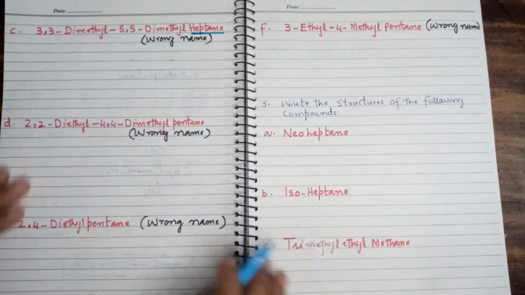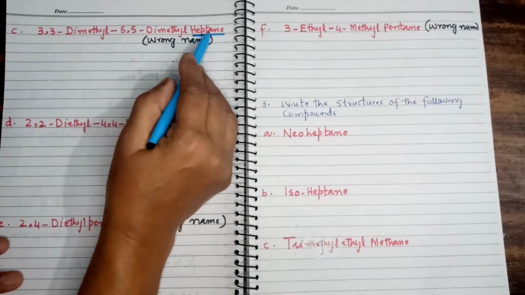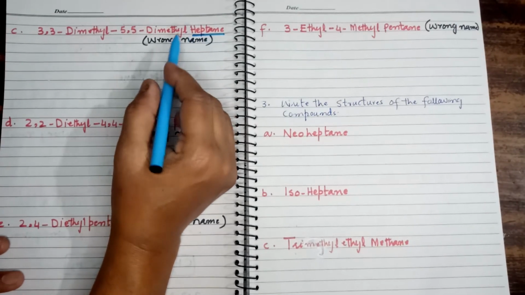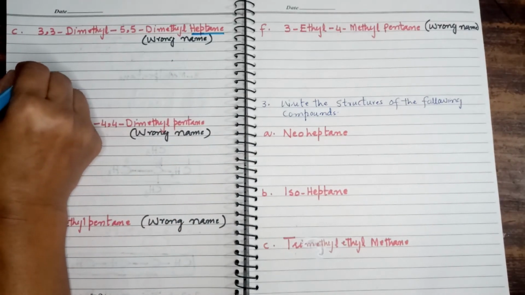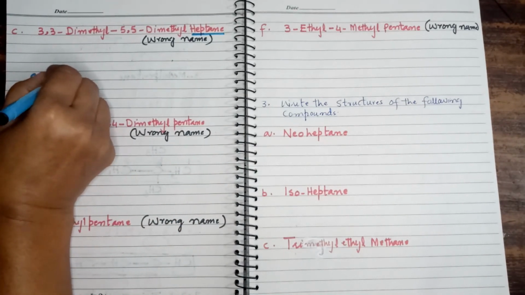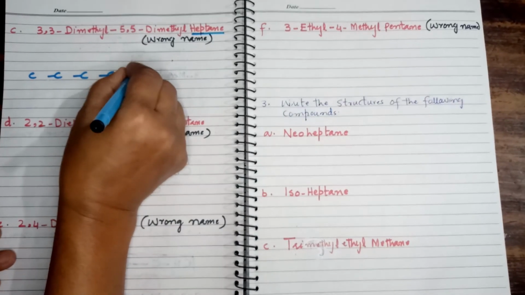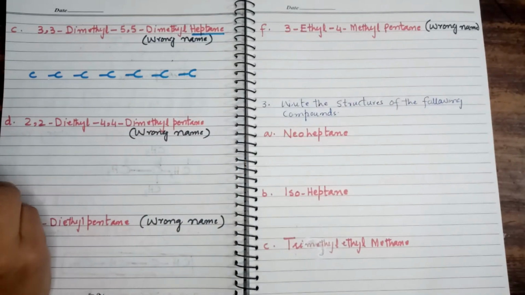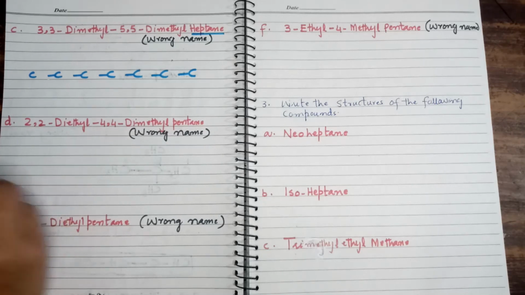So, first of all, we write the skeleton of the carbon. Hepta means 7. We draw the skeleton of the carbon made up of 7 carbon atoms, 1, 2, 3, 4, 5, 6, 7, right? Now after that we do the numbering of the parent chain.